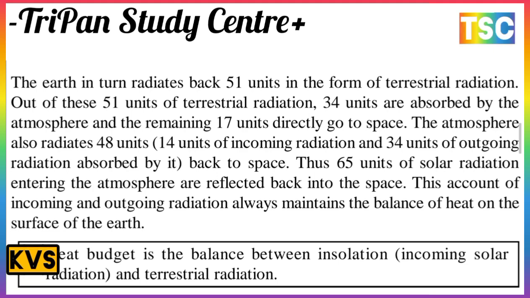The atmosphere also radiates 48 units: the 14 units of incoming radiation and 34 units of outgoing radiation absorbed by it go back to space. Thus, the 65 units of solar radiation entering the atmosphere are returned back into space. This balance of incoming and outgoing radiation maintains the heat balance on the surface of the earth.